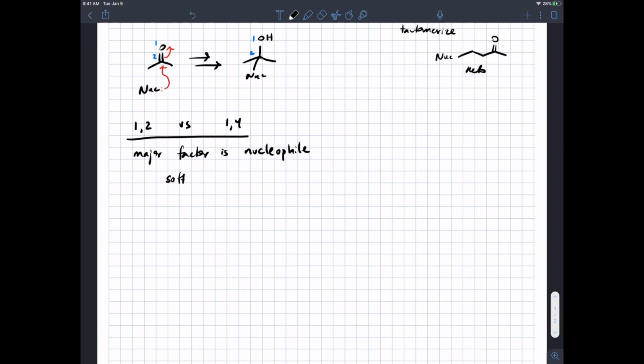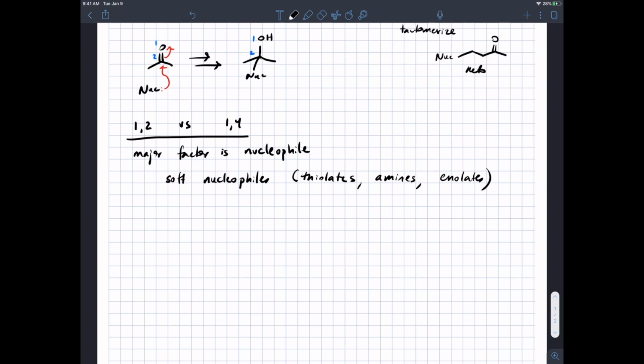Soft nucleophiles, remember, these are nucleophiles that are not highly basic. They are generally large and polarizable. These include thiolates, that is negatively charged sulfurs. These include amines, enolates as well.